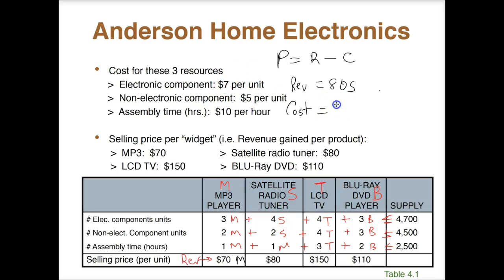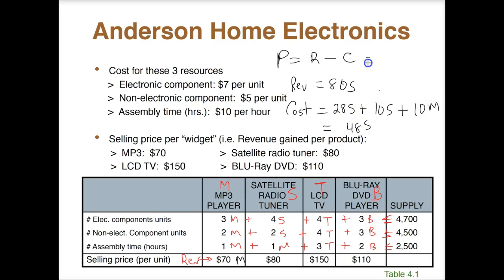So that's going to be 28S. And then in addition to that, the non-electronic components, we have 2 of them at $5 a piece. So that's 10S. And then we have 1 hour of assembly time at $10 an hour. So that's 10S. And of course, when we total that, that's going to be 28 plus 10 is 38. 38 plus 10 is 48.